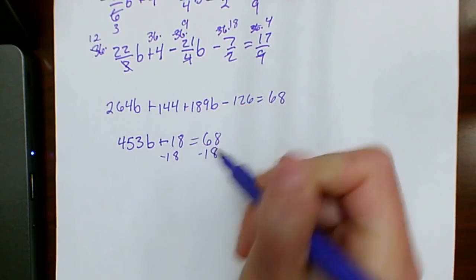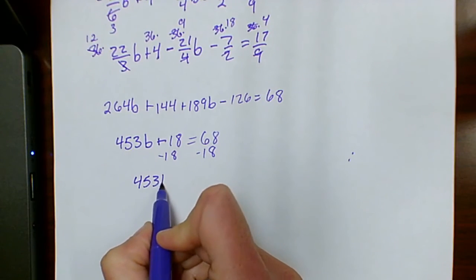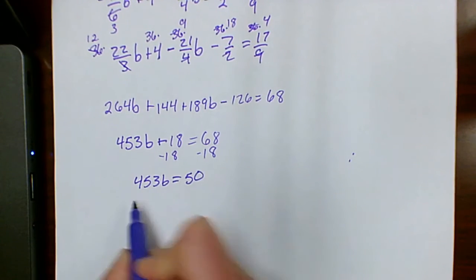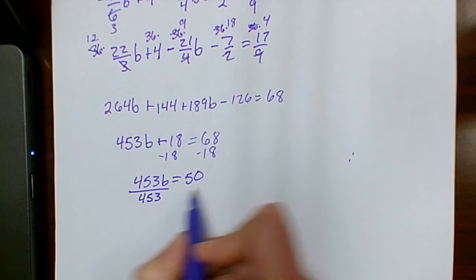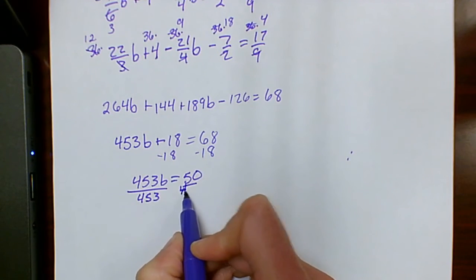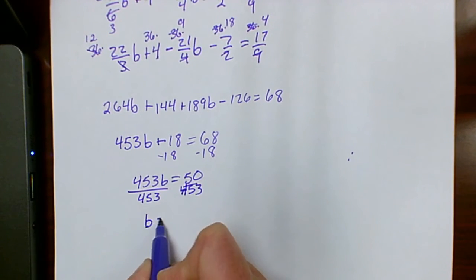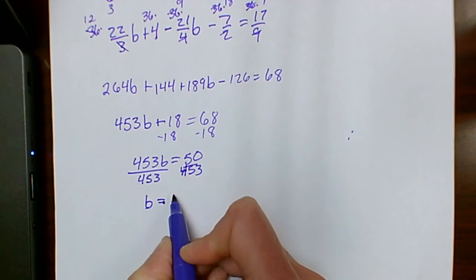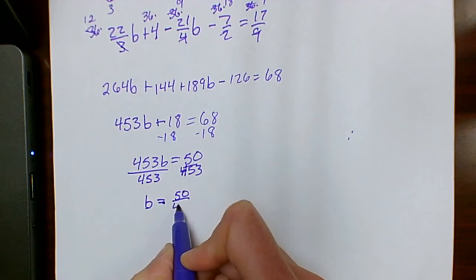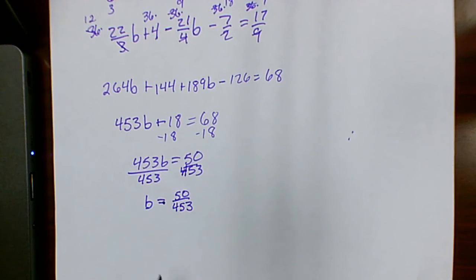Subtract 18 over. Divide by the coefficient. So b equals 50 over 453.